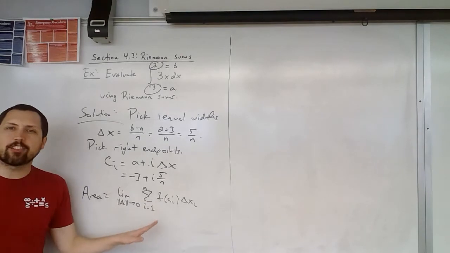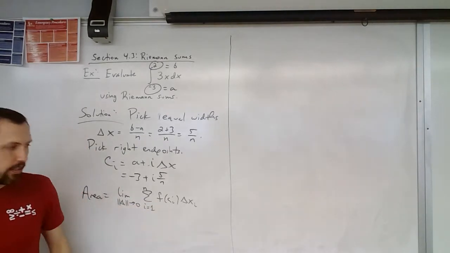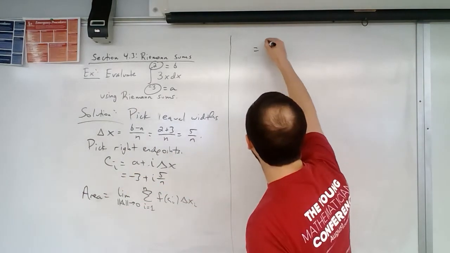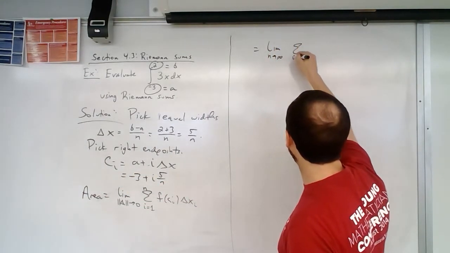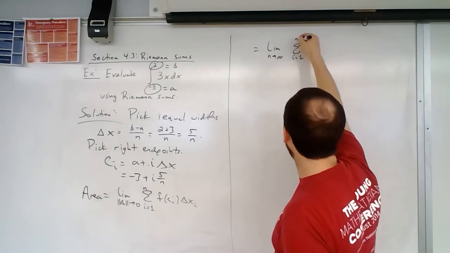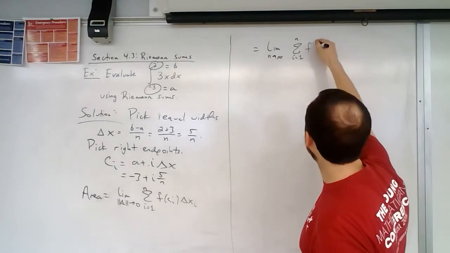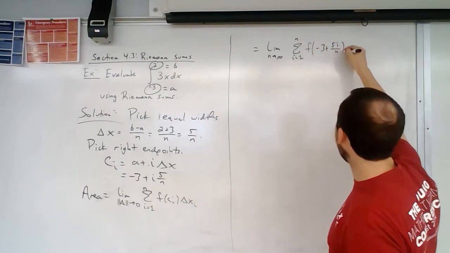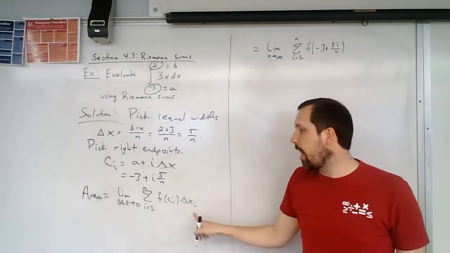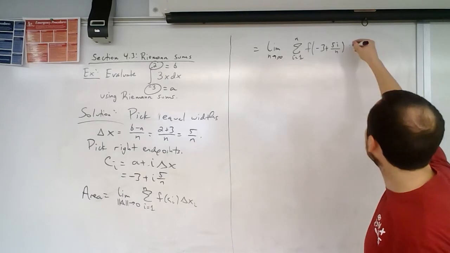But for this notation, we don't need this fancy notation anymore. We'll just go right back to what we did before. And so this is going to be the same as the limit as n tends to infinity of the sum from i equals 1 to n of f. Our c sub i's is -3 plus 5i divided by n times our delta x. They're always the same for every i, so it's just 5 over n.